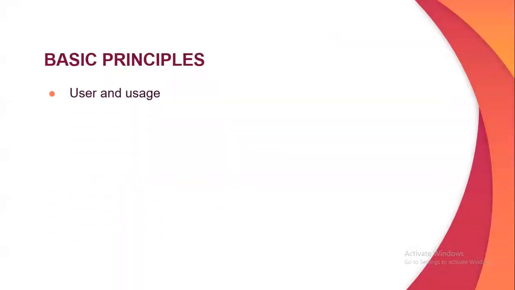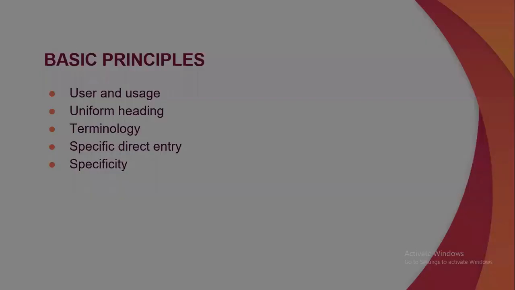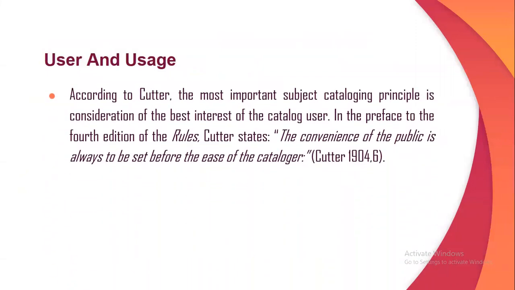Basic principles: the user and the usage, the uniform heading, the terminology, the specific direct entry, and the specificity. User and usage. According to Cutter, the most important subject cataloging principle is consideration of the best interest of the catalog user.